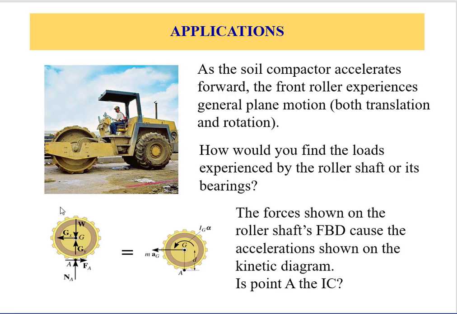Because the wheel is moving to the left as a result of counterclockwise rotation, which accelerates the center of gravity of this vehicle to the left, m a_G, there could be different kinds of friction forces.